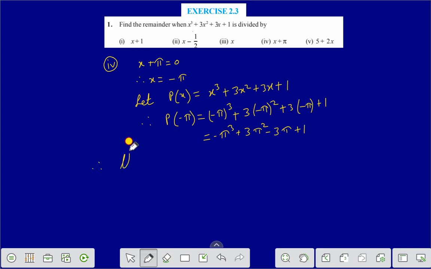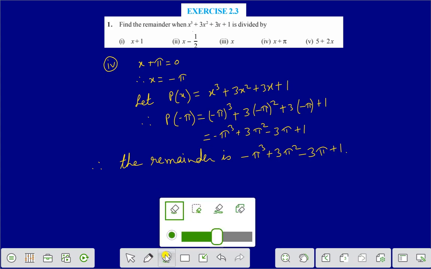Therefore the remainder is minus pi cube plus 3 pi square minus 3 pi plus 1.